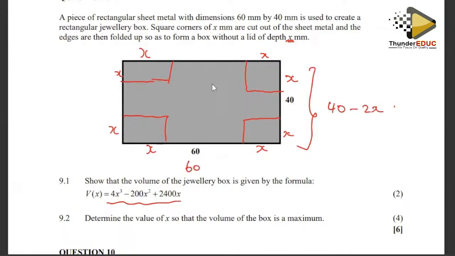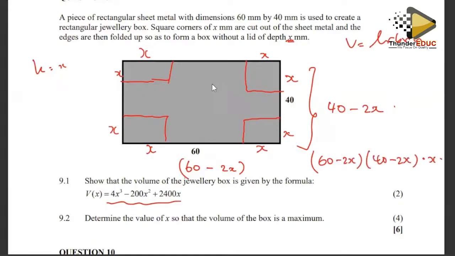The length is going to be 60 minus 2x. But we've been told that the height is already x, meaning that volume is length times breadth times the height. So we have 60 minus 2x, you're multiplying it by 40 minus 2x, and then the answer multiplied by x.